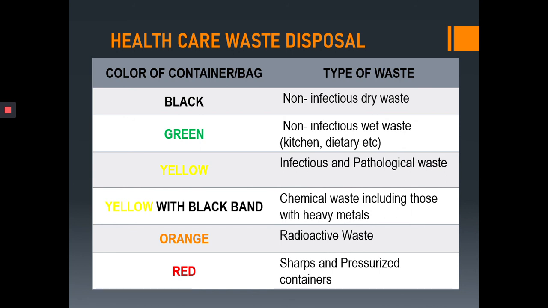Yellow with black band, chemical waste including those with heavy metals like mercury, copper. Okay, those are examples of heavy metals. And then we have orange for radioactive waste and red for sharps and pressurized containers. So what are examples of pressurized containers? If you notice, containers for mosquito spray like Baygon, those are examples of pressurized containers.